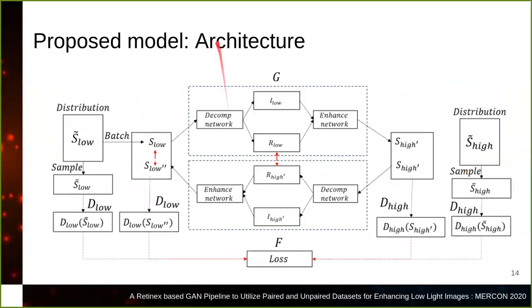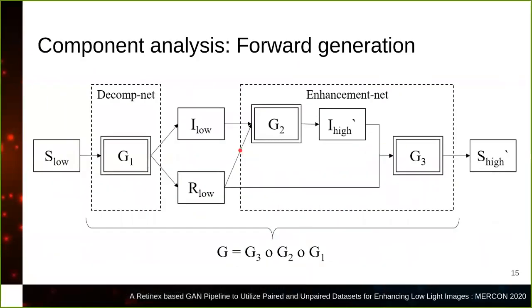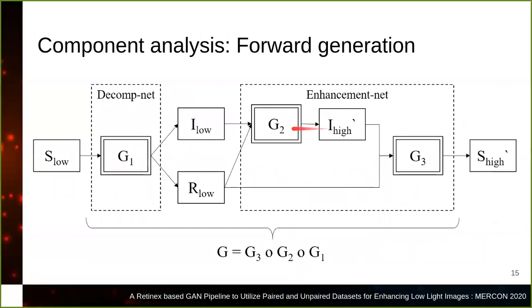We use that, and this is the complete model. You can see for images, you have decomposition, then you enhance, then you take it back, and you try to optimize the whole cycle. Looking at the smaller components, in the forward pass of the cycle you have decomposition and enhancement. The image gets decomposed into illumination and reflectance, then the lighting information gets enhanced, and the color information and the enhanced lighting information go to a well lit image.